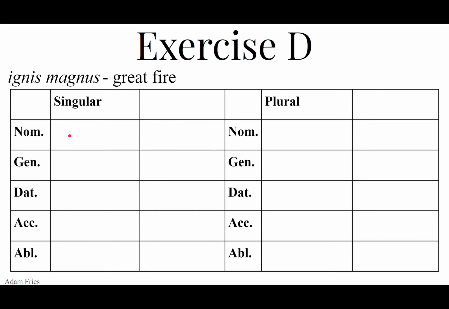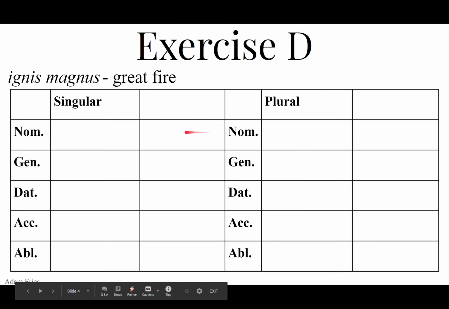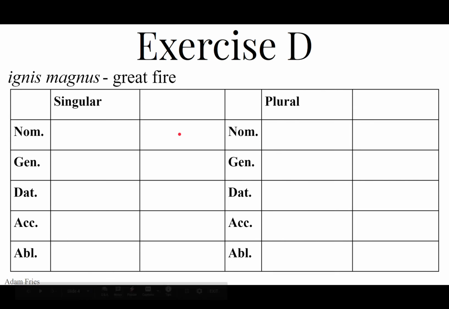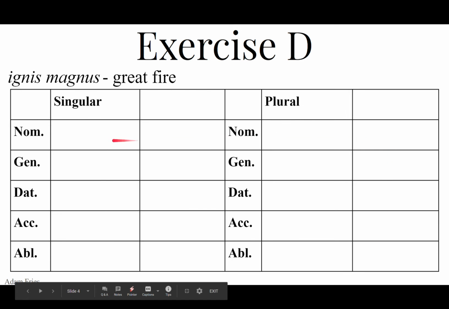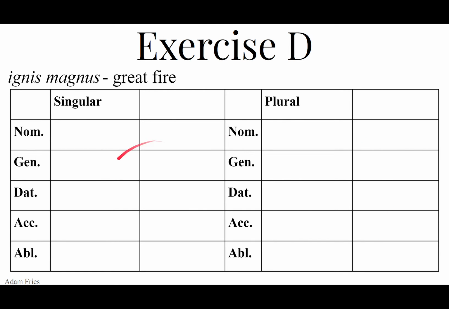Ignis, ignis, masculine, being a third declension masculine, will decline like a third declension masculine noun in this column and in the plural in this column. Magnus will decline like a second declension masculine: -us, -i, -o, -um, -o, -i, -orum, -is, -os, -is, in the adjective columns. Once again, you can decline them separately, but work towards declining them case by case.